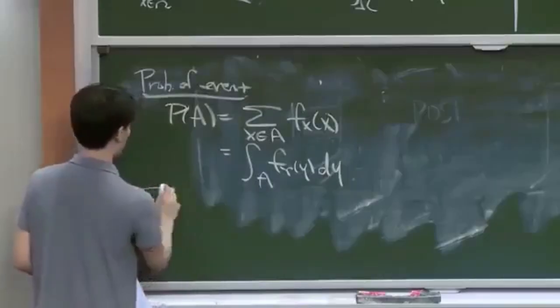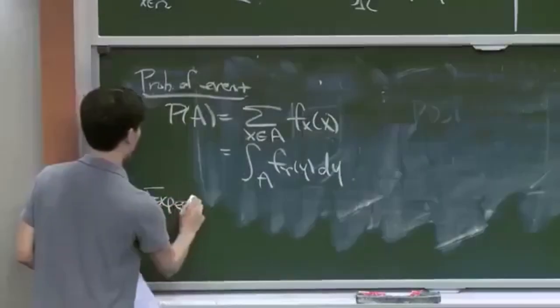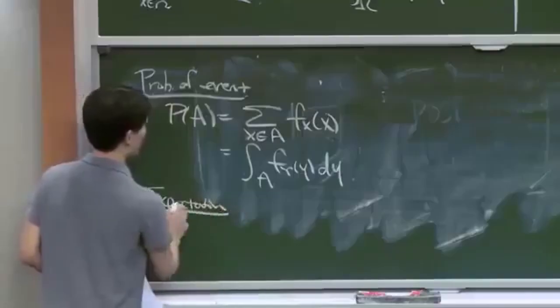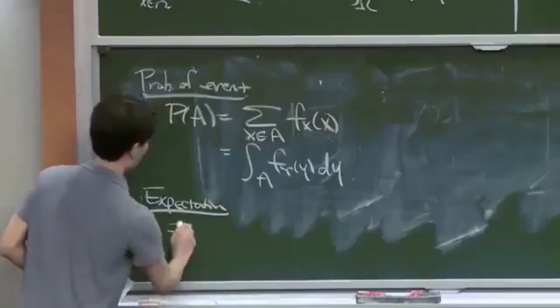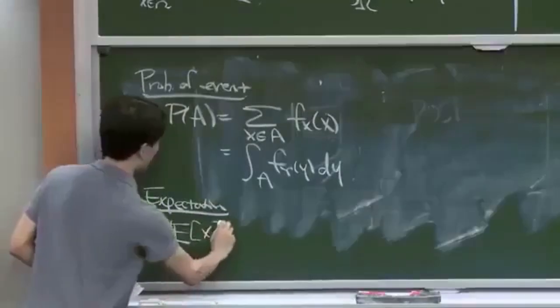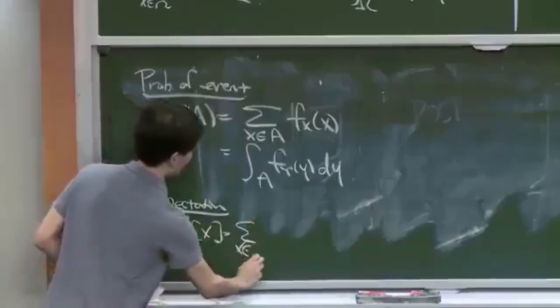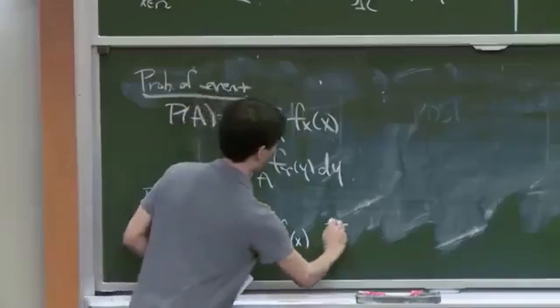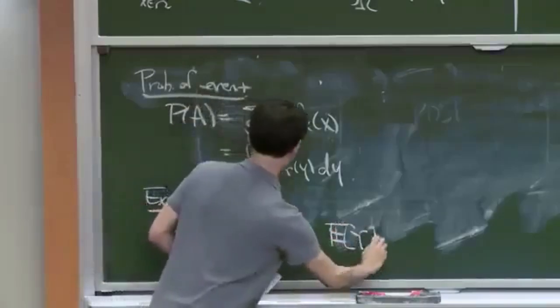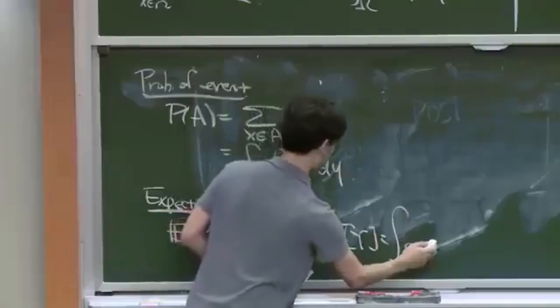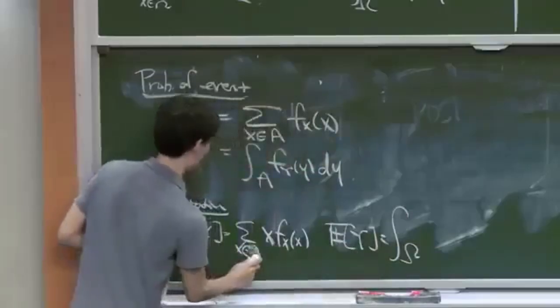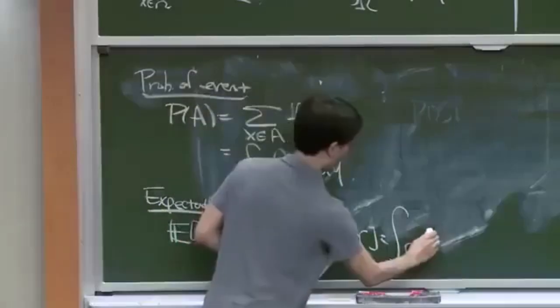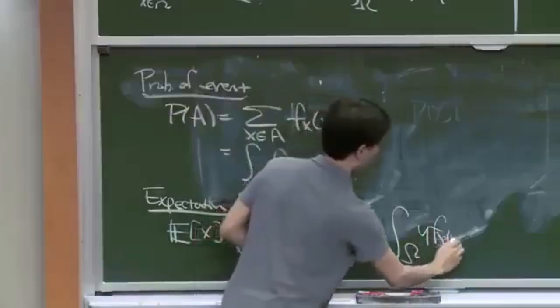And expectation, our mean: the expectation of X is equal to the sum over all x of x times f(x), and the expectation of Y is an integral over the space of y times f(y).